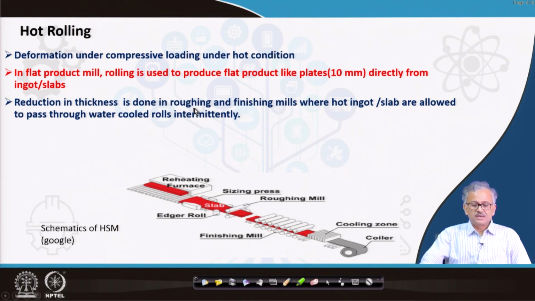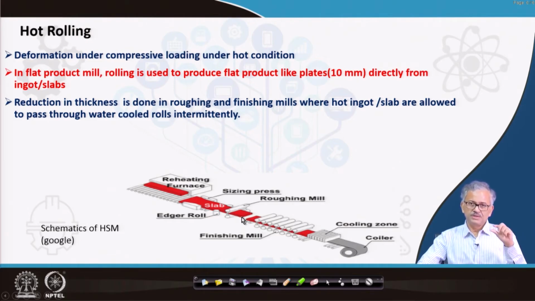Reduction in thickness is done in the roughing and the finishing mill, where the ingot and slab are allowed to pass through water cooled rolls intermittently. So here basically is the reheating furnace, the slab is coming, and this is the roughing mill. Roughing mill decreases the thickness, and finally the desired thickness, say 10 millimeter, is obtained.